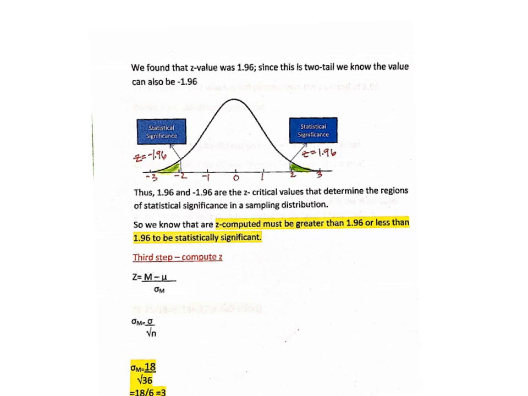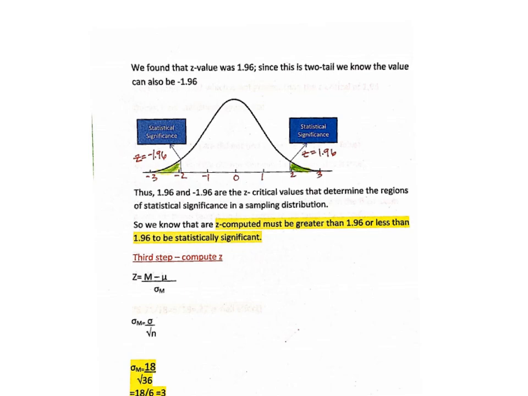To have statistical significance, you need a computed z that is greater than 1.96 or less than negative 1.96. If the value does not fall into either of those ranges, it would not be statistically significant.